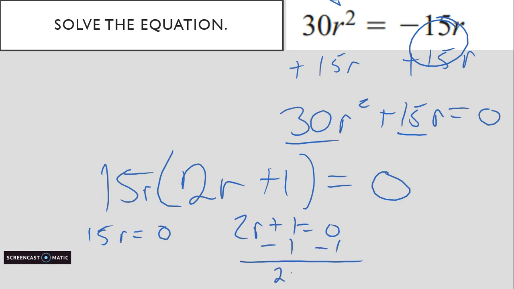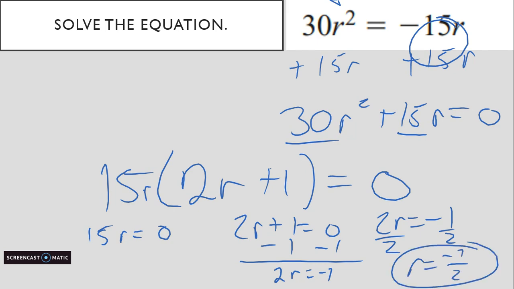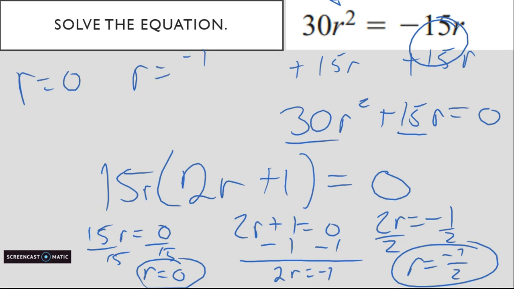So 2r equals negative 1. Divide by 2 on both sides, so r is negative 1/2. Or divide by 15 on both sides: r equals 0. So two options: r could be 0, r could be negative 1/2.